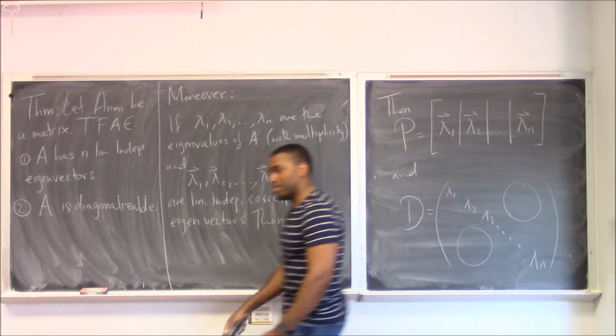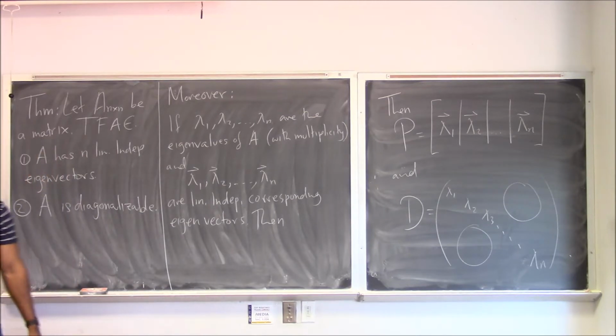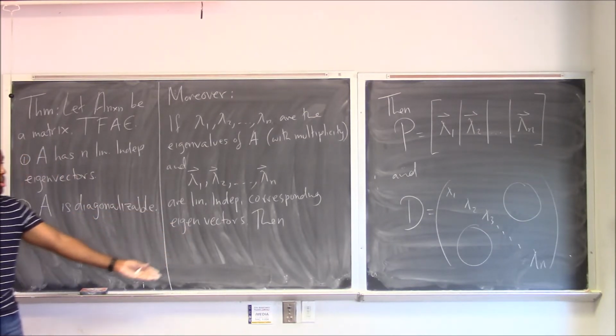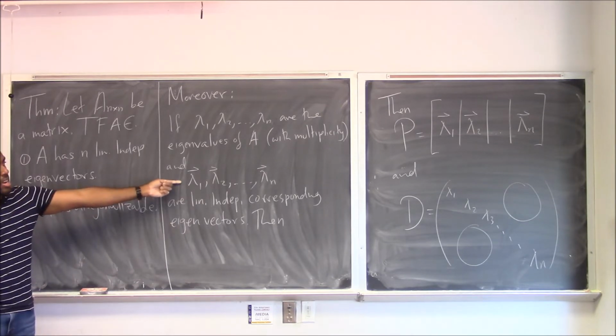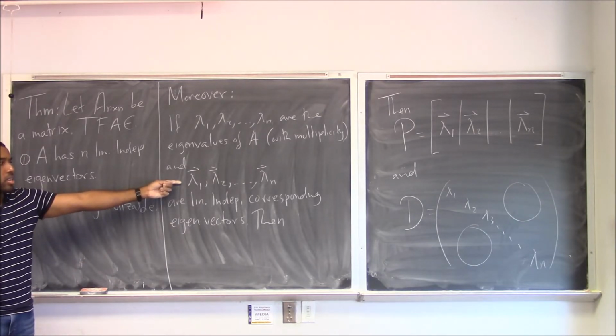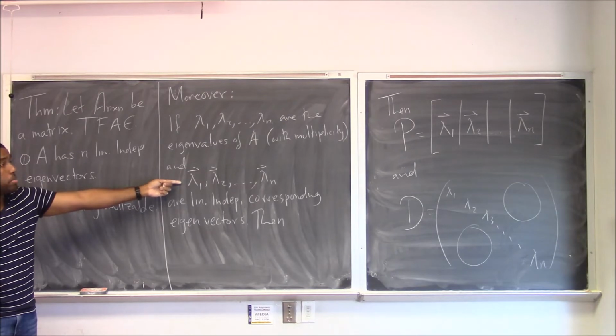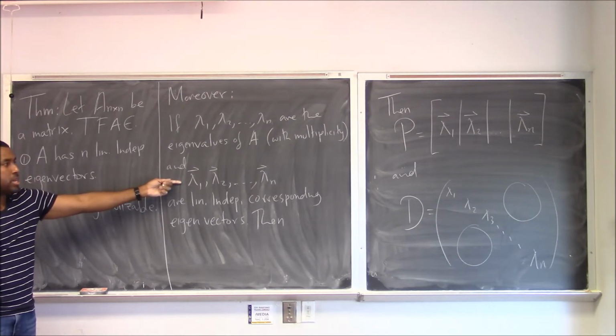Which is pretty nice, pretty cool. So if I can find the eigenvalues and eigenvectors, which is no more complicated than what I showed you before, assuming that we have n independent eigenvectors for an n by n matrix, that matrix will be diagonalizable if and only if we can do that.